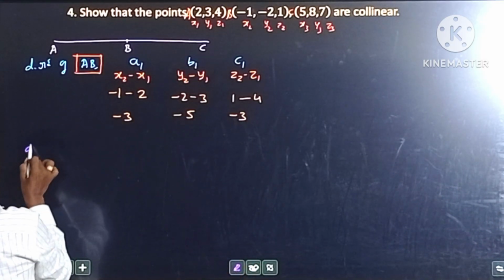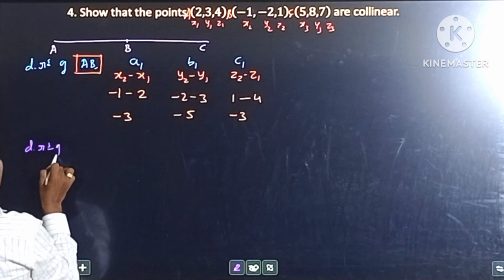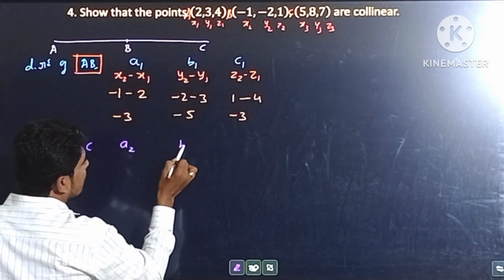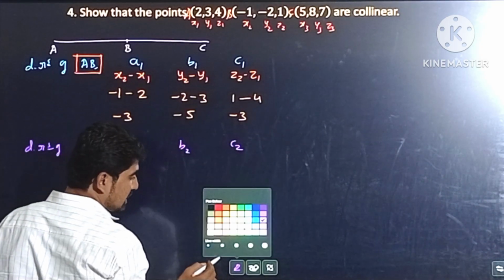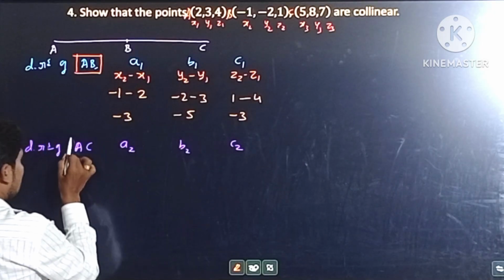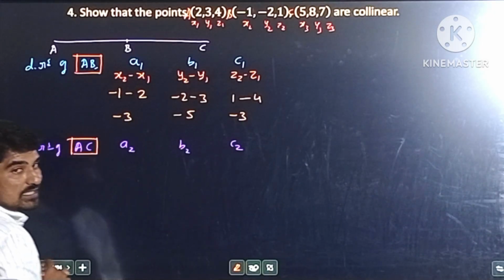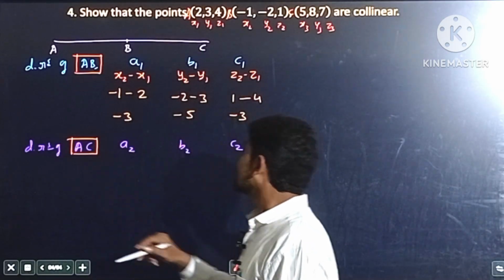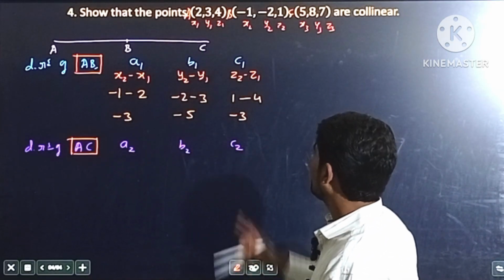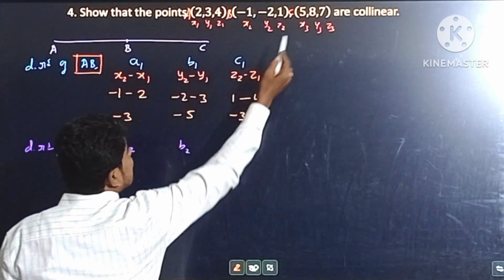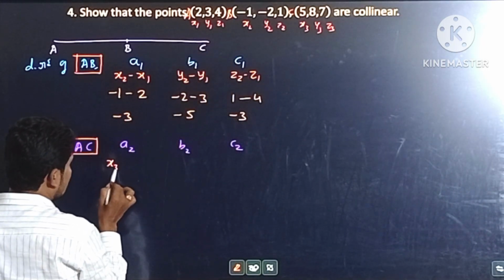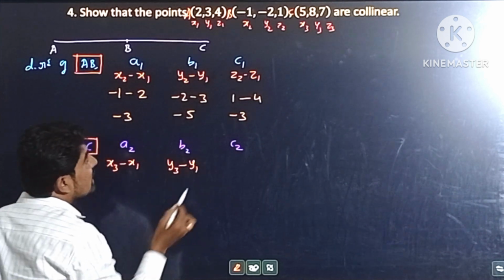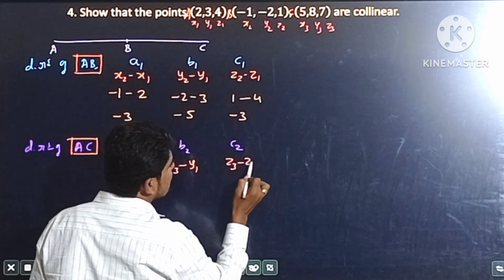Then next we need to identify the direction ratios of AC. Let's say the direction ratios of AC are a2, b2 and c2. Similarly, here the first point is A and the second point is C. We consider the coordinates of the point A as x1, y1, z1 and the coordinates of the point C as x3, y3, z3. Therefore, a2 is x3 minus x1, b2 is y3 minus y1 and c2 is z3 minus z1.